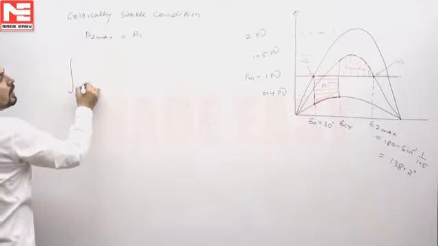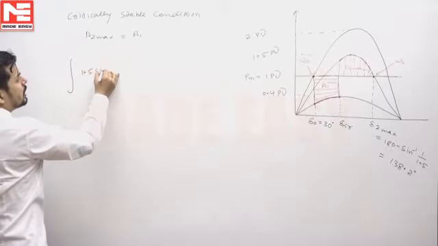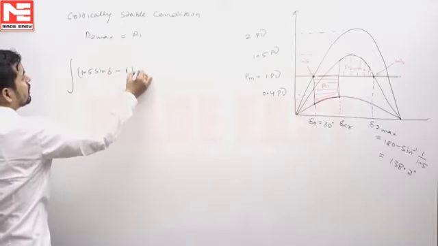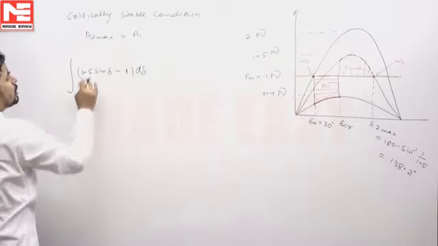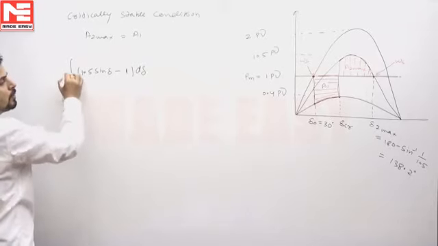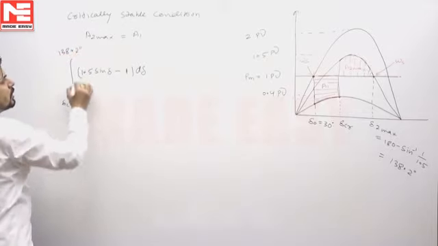What is this A2 max? It is simply the integral of 1.5 sin delta, which is PE, minus PM, which is 1, d delta. To find this A2 max we will integrate over delta CR to delta 2 max, which is 138.2 degree.